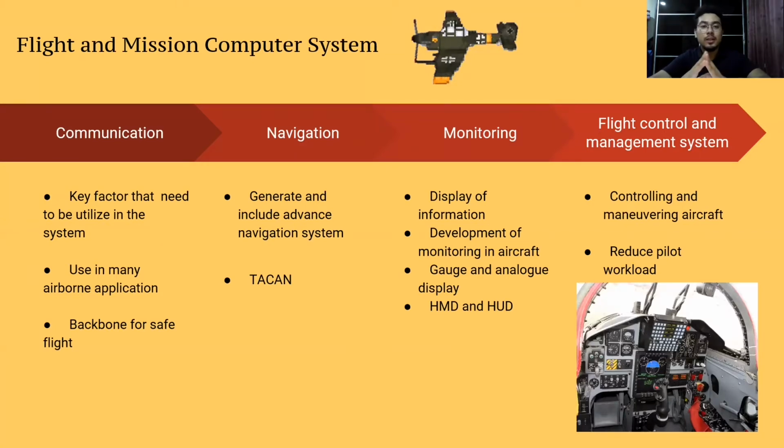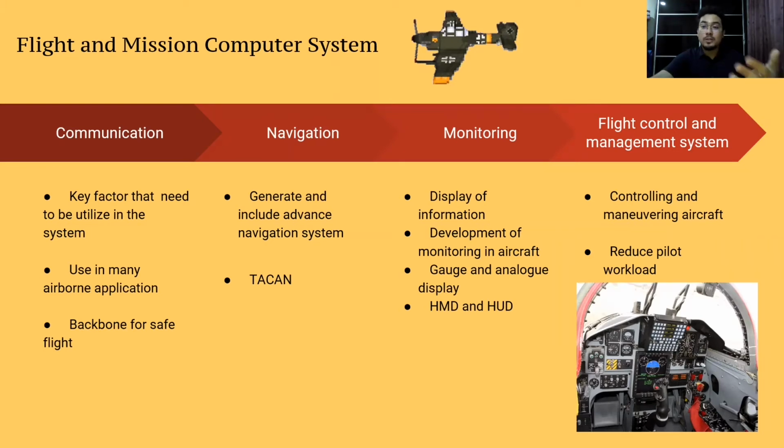Okay, the second one is navigation. So why is navigation included in flight and mission computer? Because flight and mission computers generate and include advanced navigation systems. I give an example here, TACAN, Tactical Air Navigation System. TACAN is the most commonly used navigation system in the military.